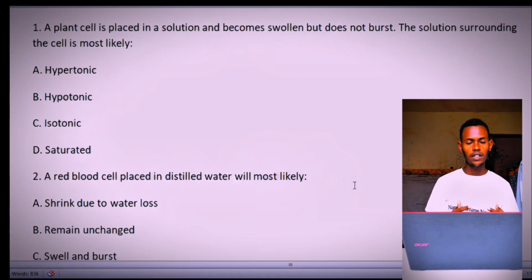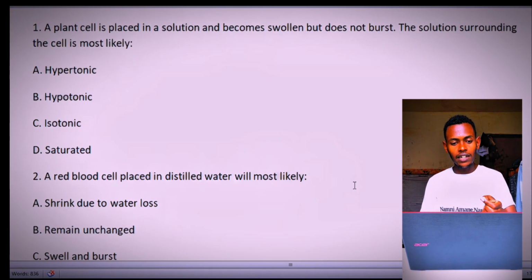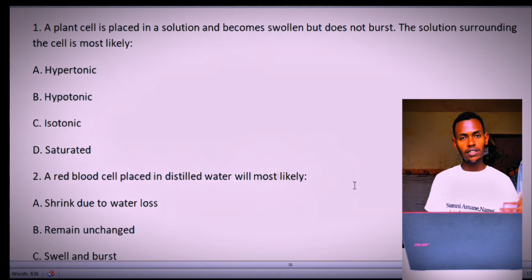Okay, let's continue. The cell is placed in a solution and becomes swollen but does not burst. So this tells us that the salt in the cell is more than the salt in the extracellular fluid.